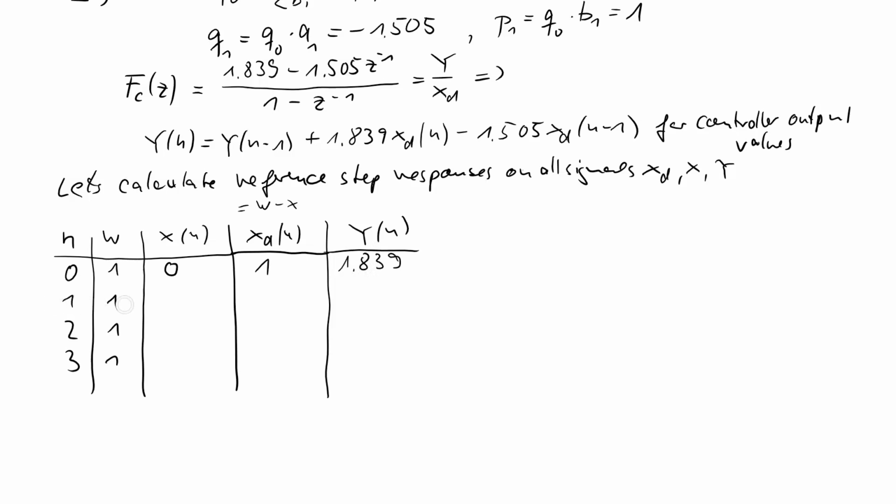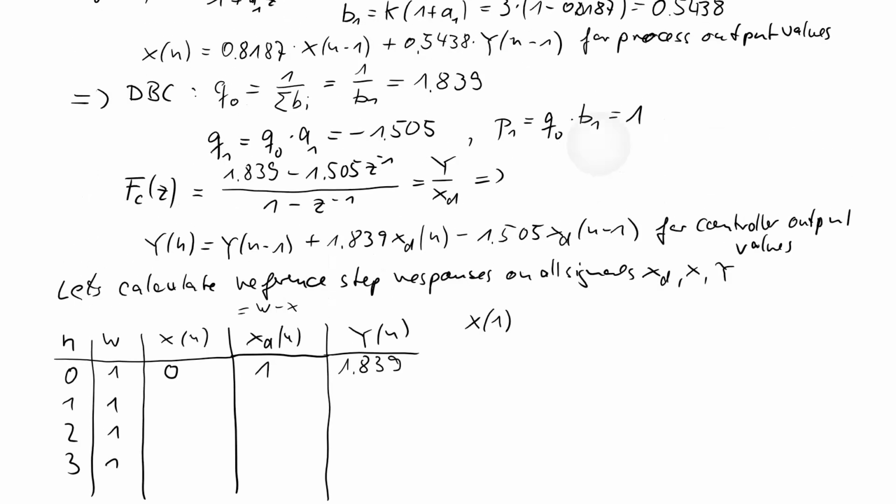What happens 100 milliseconds later, in step 1? We see the desired value is still 1. x of n must be calculated. Now let's calculate x1. x1 can be calculated with this equation for process output values.